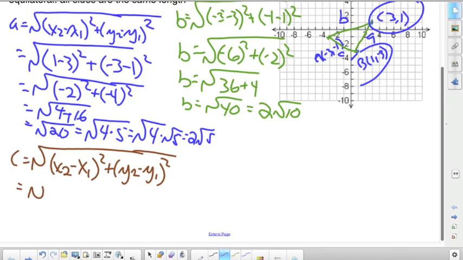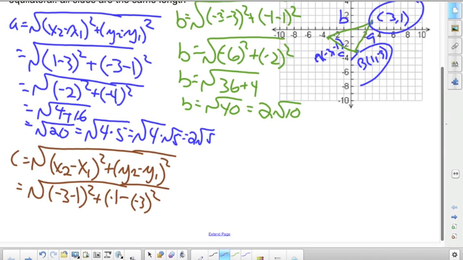So here we get the square root of, for C, we're looking at -1 minus 3 quantity squared plus -1 minus the -3 squared, right? So we need to take care of the negative signs. I purposely chose points in our triangle that had a lot of negative signs.